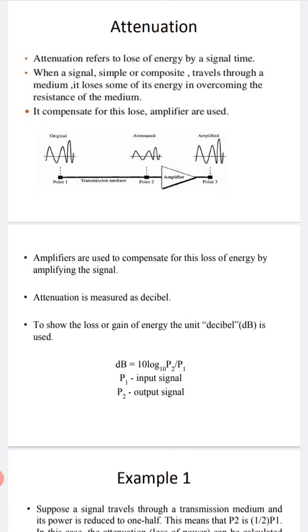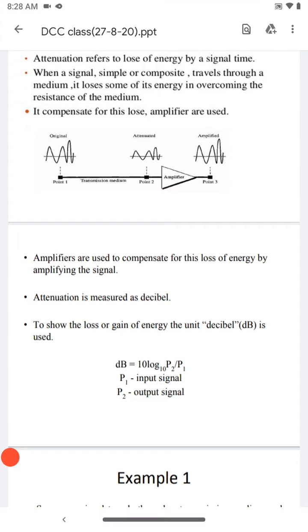When a signal, that is a simple signal or composite signal, travels through the transmission medium, it loses some of its energy. To overcome this loss of energy, we can use an amplifier. The amplifier is used to amplify the signal.